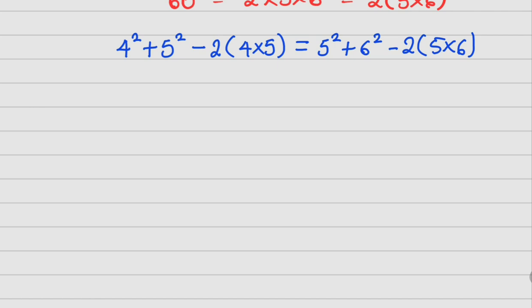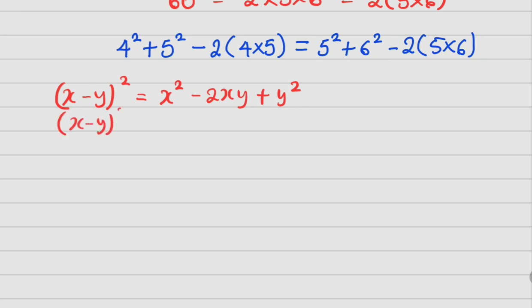Now, this special expression is actually a product of something. Let me show you what I'm talking about. If I have x minus y all squared, do you know what that would be? That would be x squared minus 2xy plus y squared. Rearranging it, x minus y all squared is equal to x squared plus y squared minus 2xy.